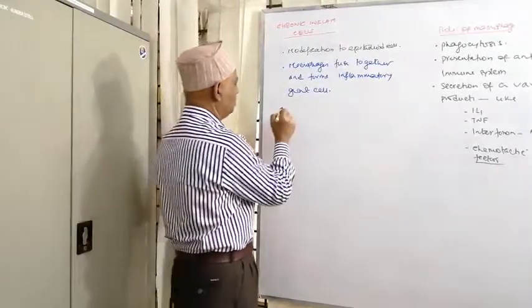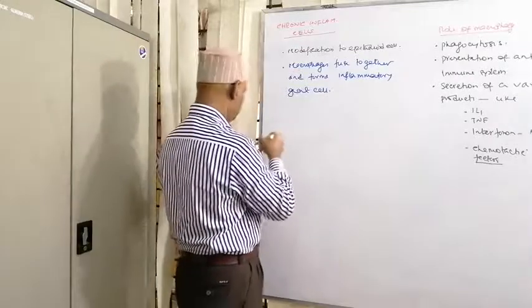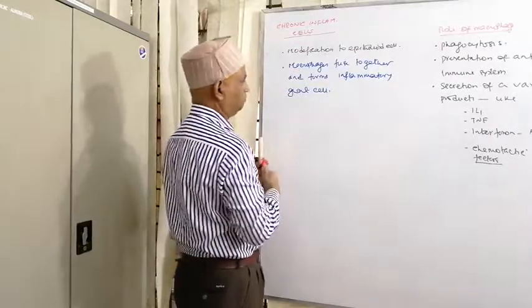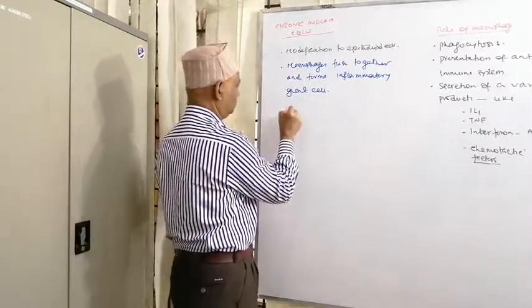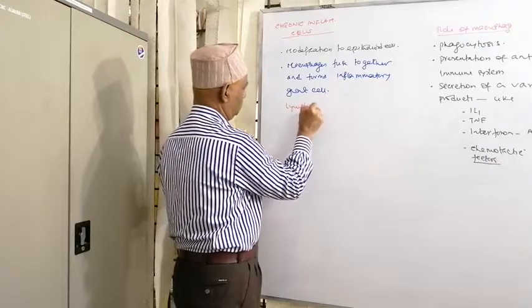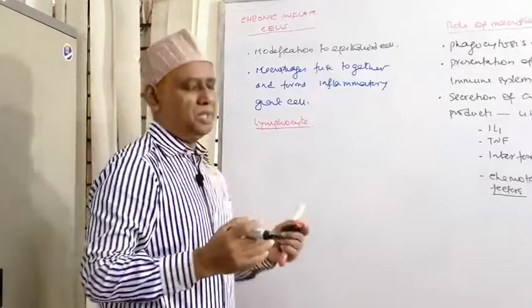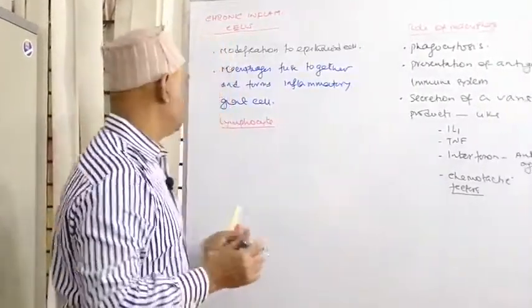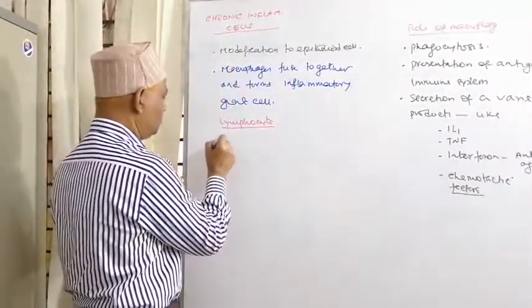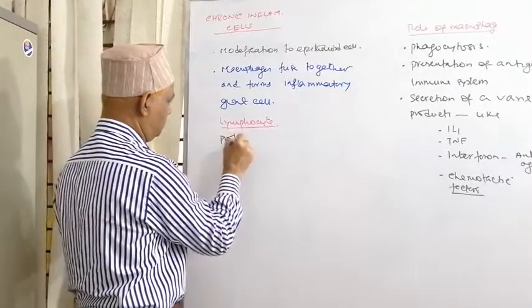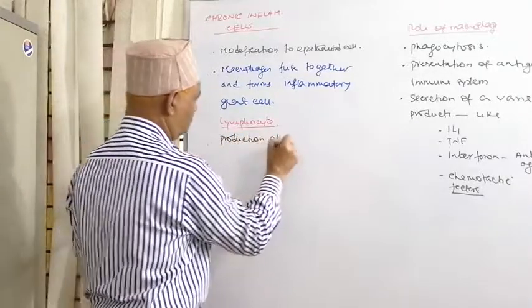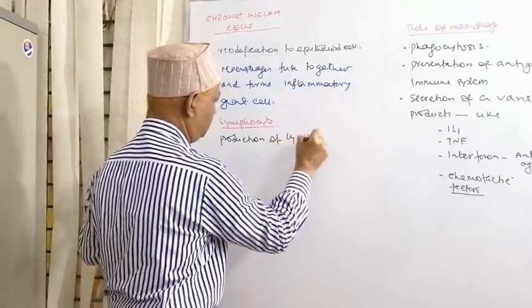Now come to another inflammatory cell, lymphocyte. You know there is T lymphocyte and B lymphocyte. What is the role of lymphocyte? Production of lymphokines.